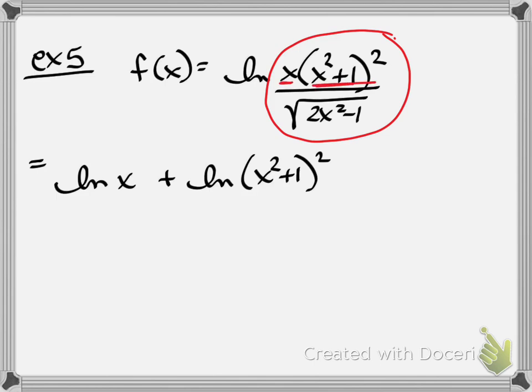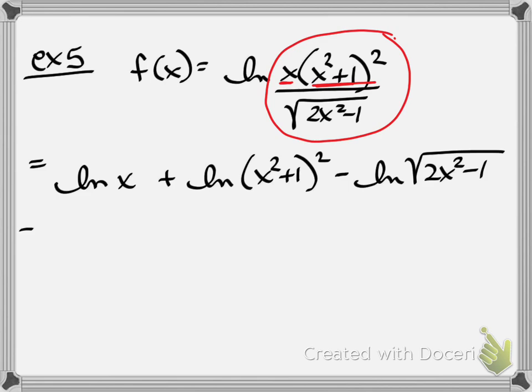And now we've got a quotient, so minus the ln of, whoops, let's not skip steps, of the square root of 2x squared minus 1. So far we've used log properties. Log of a product can be written as a sum. Log of a quotient can be written as a difference.